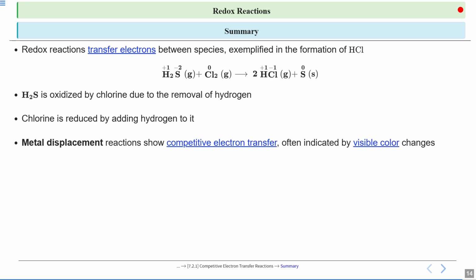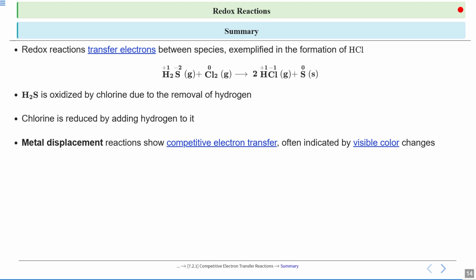Now, as we have seen different examples in which we have taken the metals that are being reacted in different solutions. So there is a metal displacement reaction which shows competitive electron transfer, often indicated by visible color changes.